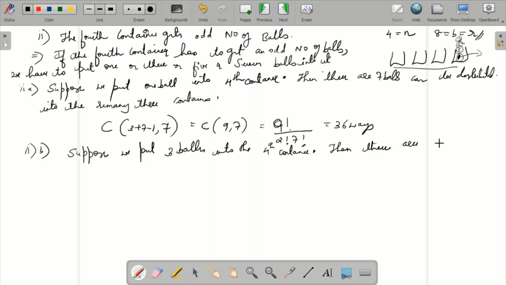Out of 8 minus 3, there are 5 balls that need to be distributed in the remaining 3 containers.